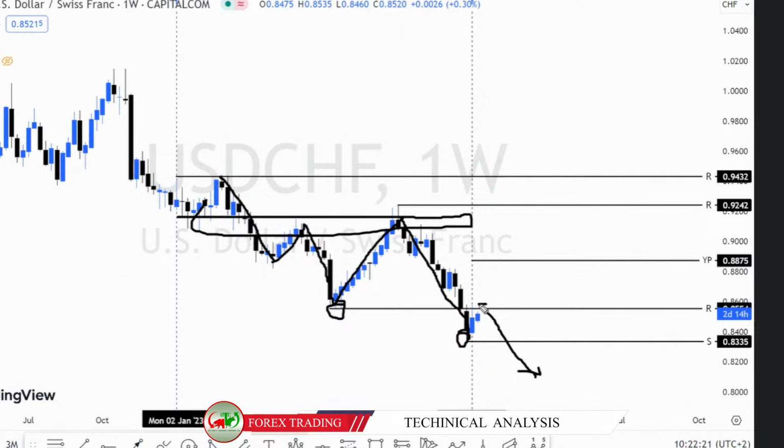Otherwise, if we get a candle which closes above this support resistance, we could expect the USD/CHF to continue making the pullback up to this yearly pivot around 0.8870. So generally, we do expect the USD/CHF to continue pushing lower since it is in a clear downtrend.